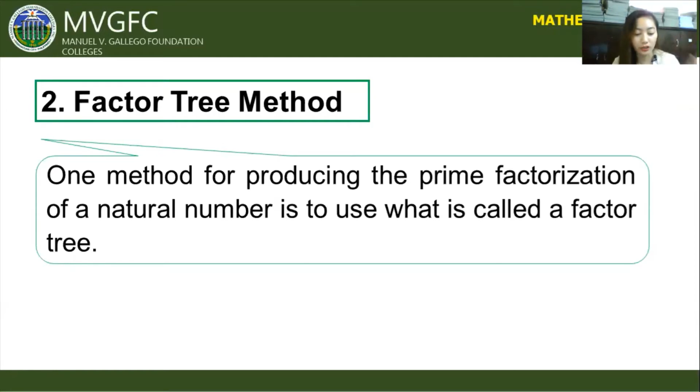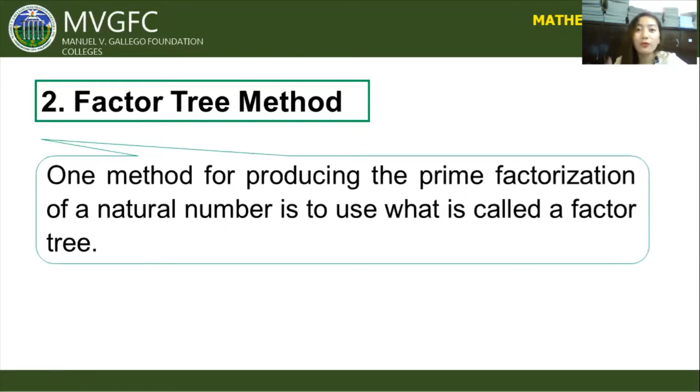These two factors are the first branching in the factor tree. Usually there are several different pairs of factors that we can choose to begin with, so the choice does not matter. We can begin with any factor. We repeat the process with each factor until each branch of the tree ends in a prime.